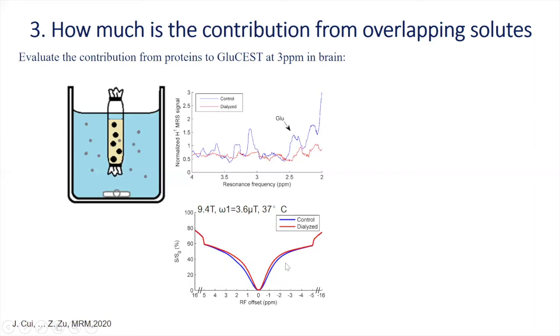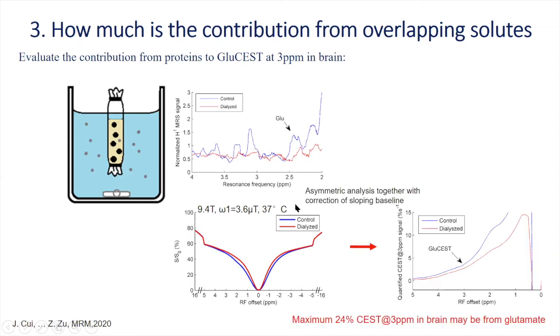So here we use asymmetric analysis together with correction of sloping baseline to quantify the glutamate signal. The asymmetric analysis has been used in all current glutamate imaging, but they did not correct the sloping baseline. At 9.4 Tesla, we found that without correcting the baseline, the curve will be below 0. So we corrected this baseline, and then we quantified the signal.